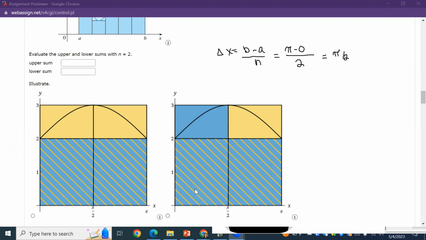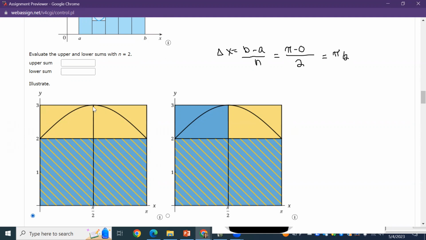So for instance, what they want us to select, which again, I understand why it's ambiguous, would be the graph that shows a yellow section of the upper estimate, because the height of the rectangle would be from 0 to 3, and then from 0 to pi over 2. So pi over 2 times 3 would give us the area of the upper sum, which is technically, in left and right endpoint terms, the right endpoint.